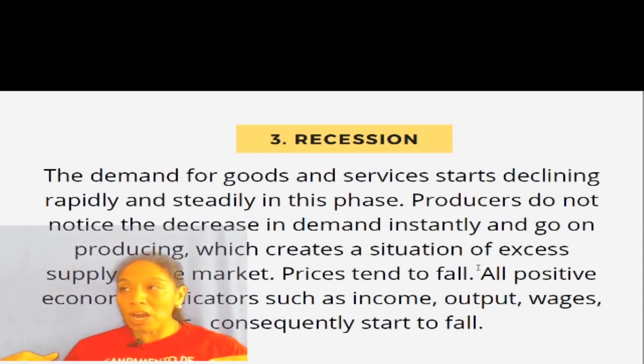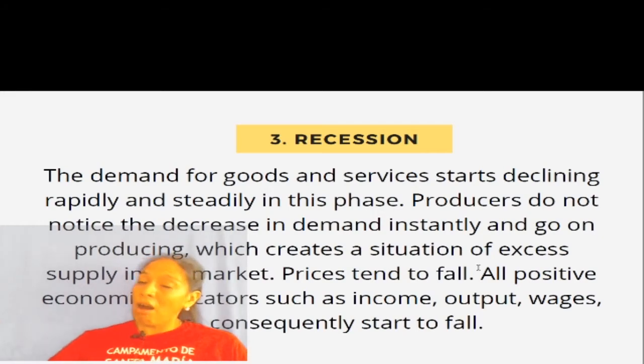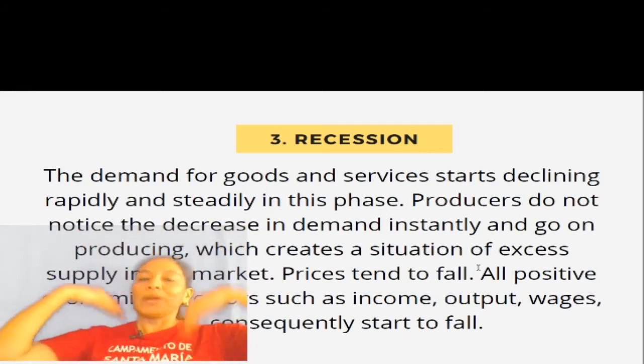They diminish production, which means they have to lay off people because they cannot keep on working at the same pace. People are not buying at the same pace. And so a lot of people are going to go unemployed. That diminishes the income, that shifts the demand curve, that drives prices up, and we have a recession.